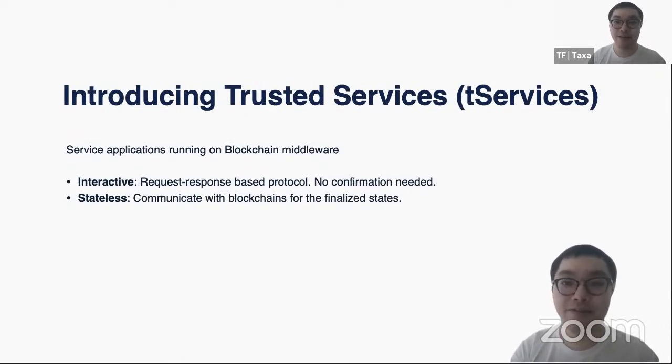That benefits from the off-chain feature. Instead of waiting for confirmation, there's no confirmation needed. It's based on a response-based protocol. And also, we are not a blockchain, and the T-service is by default stateless. But we do provide a short-term storage mechanism that I'll introduce later.